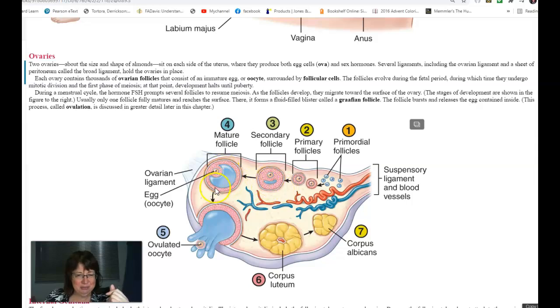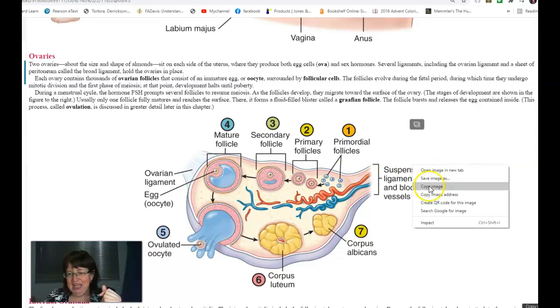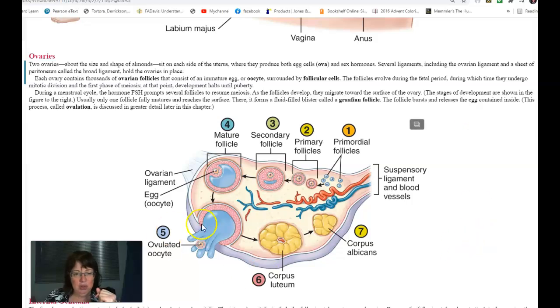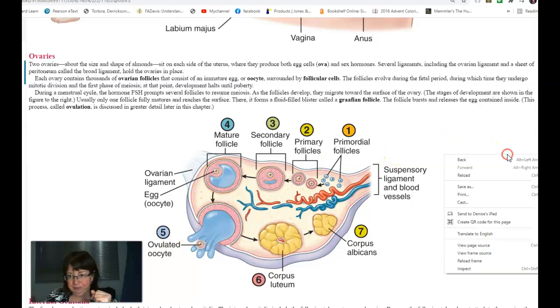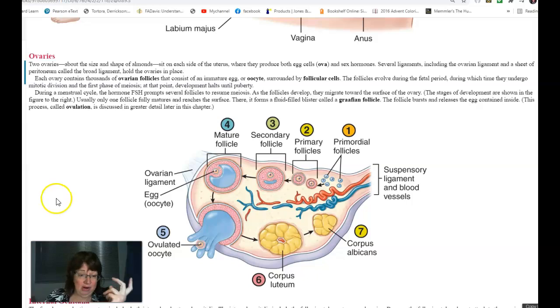Eventually, there's this little space inside of it, and then the space will become this. They'll have a distinct egg in the middle, and then that egg will be released on ovulation, leaving behind these cells.